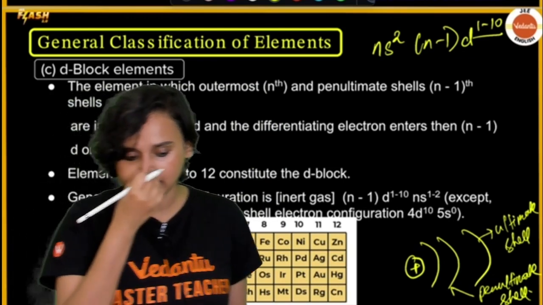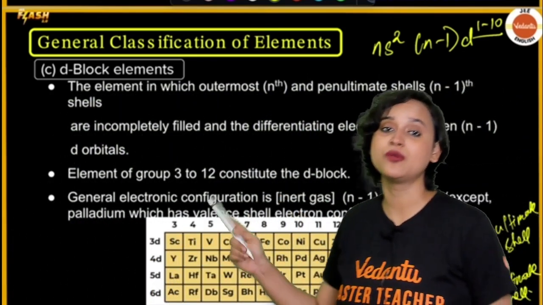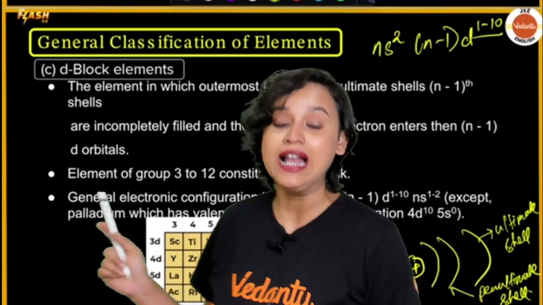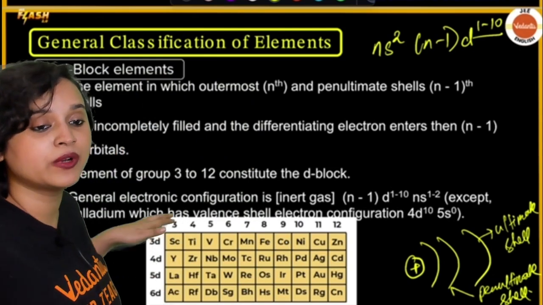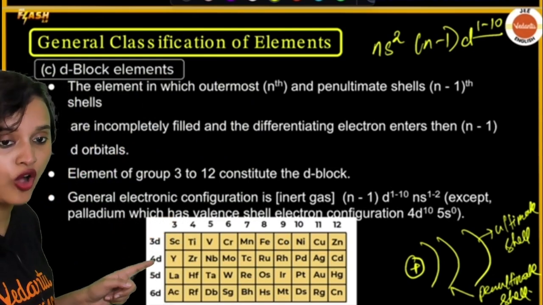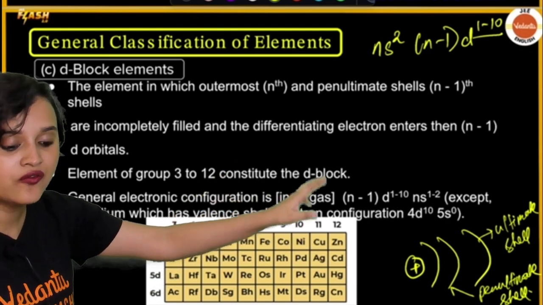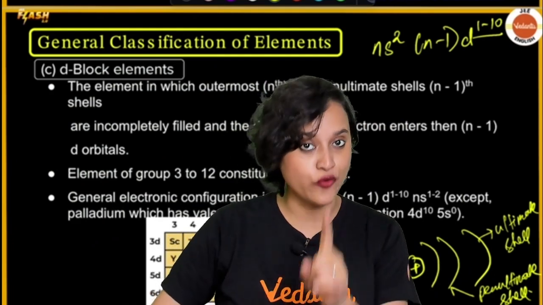All right, everybody? Yes. Now the elements of group 3 to 12 constitute the d block, and here the exceptional element is palladium. Now palladium has a configuration of 4d10 5s0. It does not have 5s2 4d8.